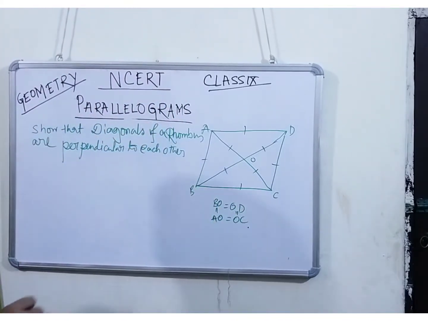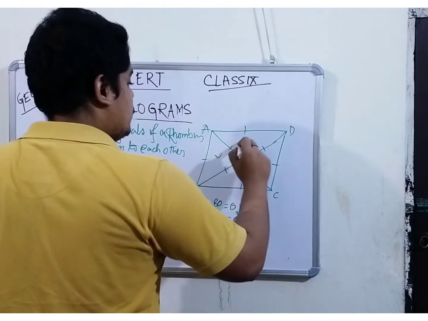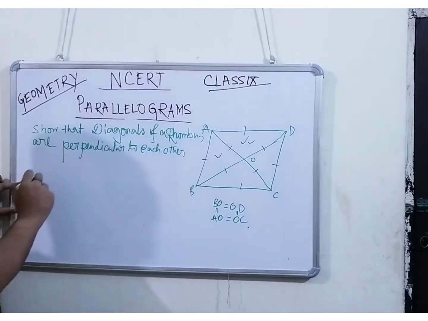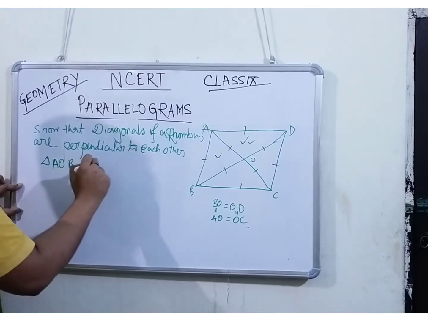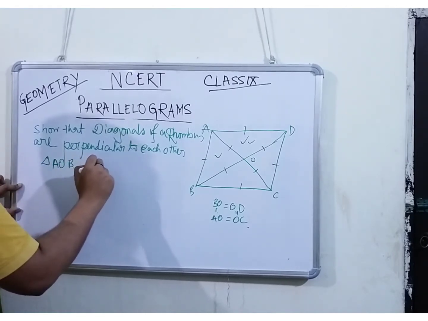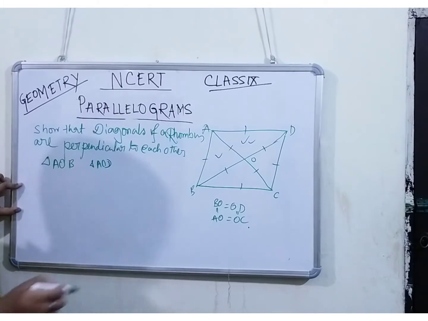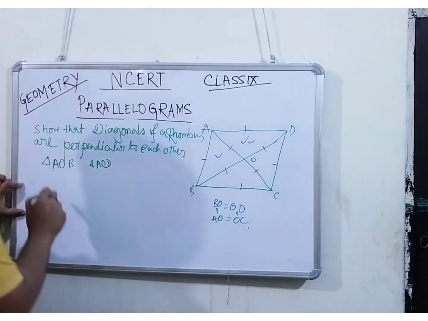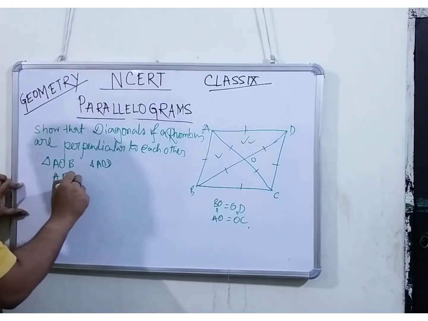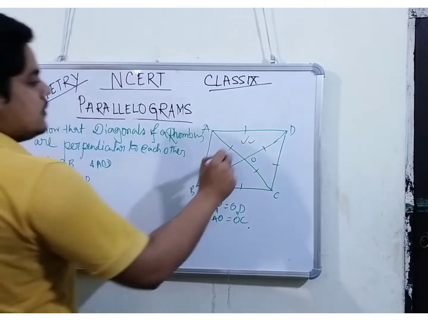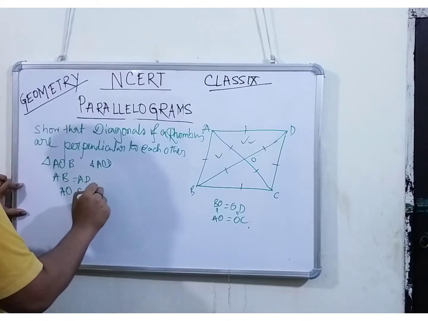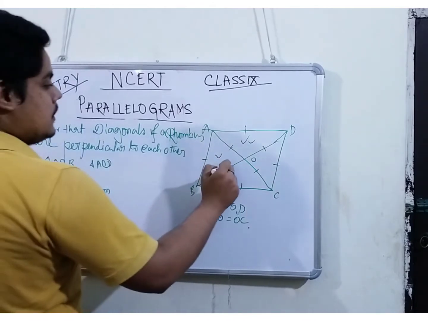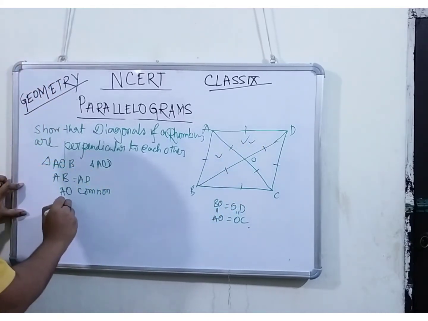Now we are considering these two triangles: triangle AOB and triangle AOD. These two sides are equal, so AB is equal to AD. This is a common side. These two lines are equal.